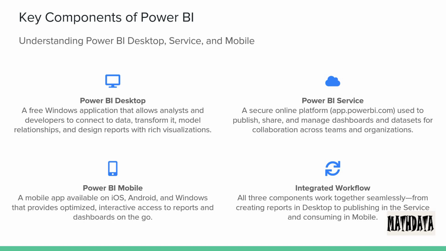Once a report is ready, it is published to the Power BI Service, a cloud-based platform that enables secure sharing and governance. And finally, Power BI Mobile ensures accessibility, giving users the ability to explore dashboards anywhere. Together, these components create an end-to-end workflow that supports collaboration and decision making across any organization.